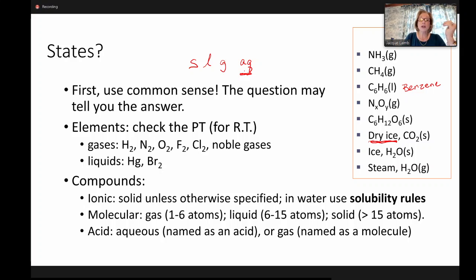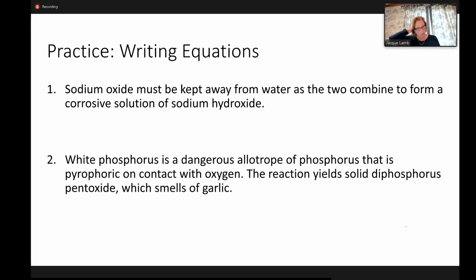If the sentence says hydrogen chloride reacts, then you know that it's a gas and the state is a gas. So you can get your clues very often from the statement, but that would be named as a molecule. So you'll need to use your common sense on some of those. So we're going to practice writing a couple of these, and I'm going to show you what I mean.